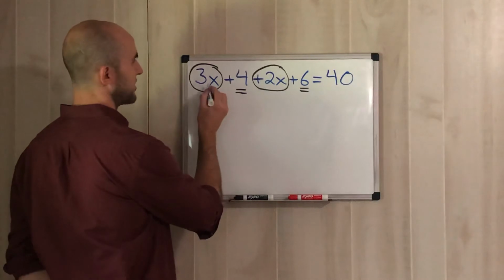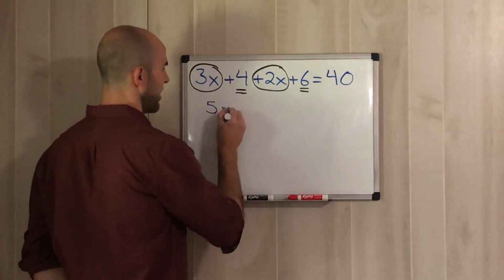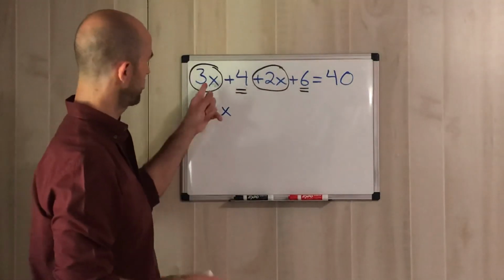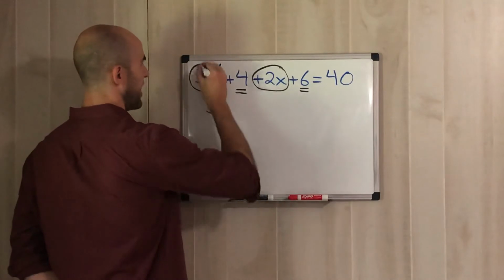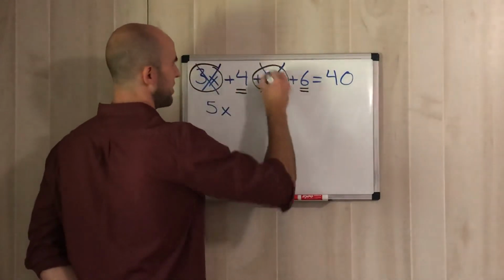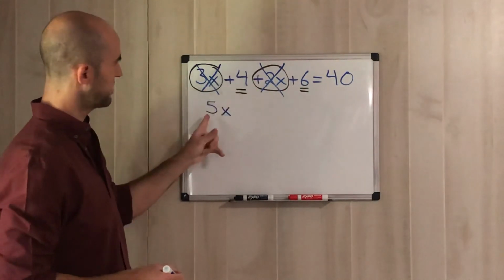So we combine our x's, right? We know that 3x plus 2x gives us 5x's, right? And always just think of it that way. There's 3x's there, there's 2x's there, so total we have 5x. We're done with that, right? Cross that out. And now we can combine the 4 and the 6, right? Because 3x and 2x is 5x.